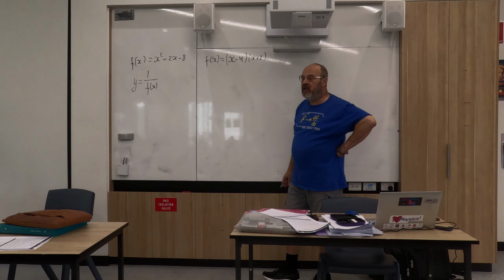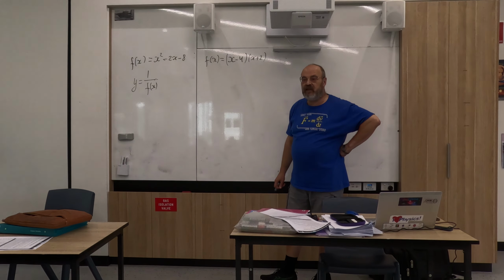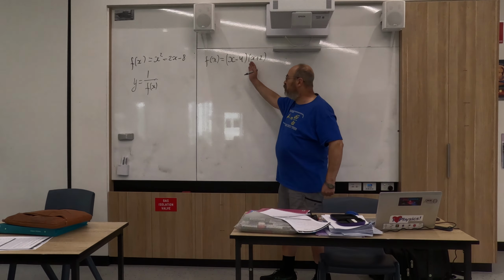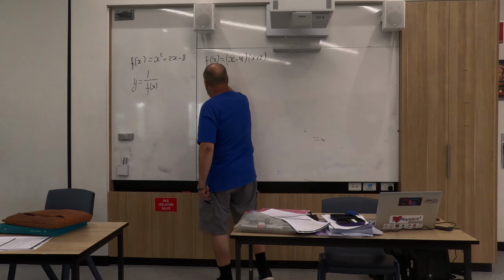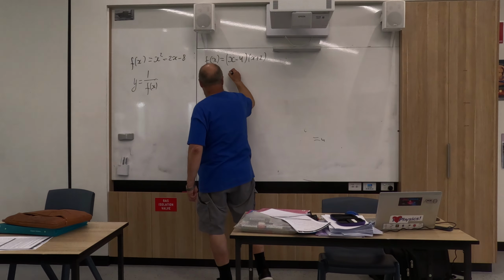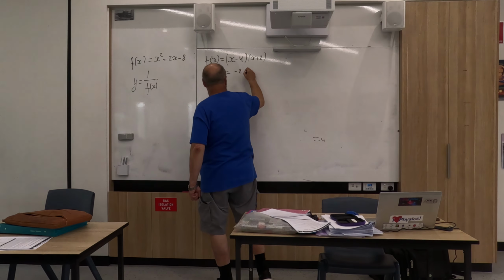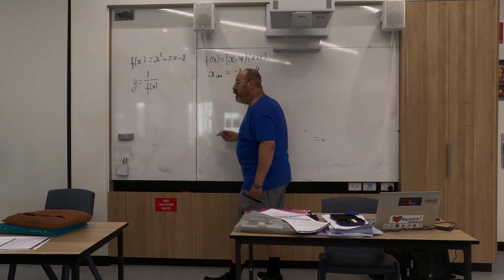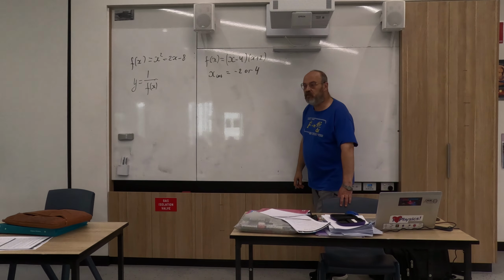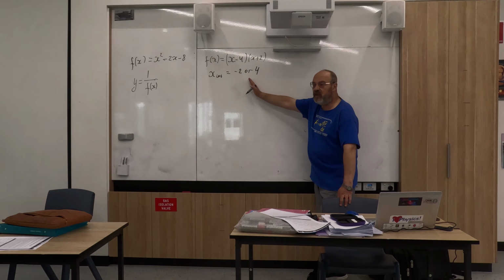What will be the turning point? How do we find the x-coordinate of the turning point? It is in between the x-intercepts, which are negative 2 and 4. The x-coordinate of the turning point is always in between them.